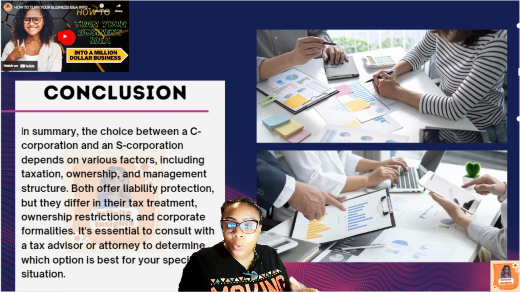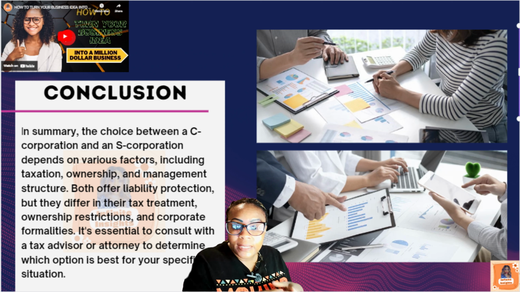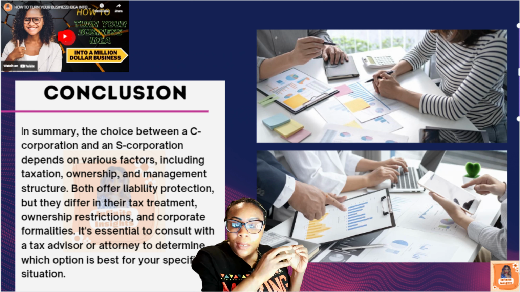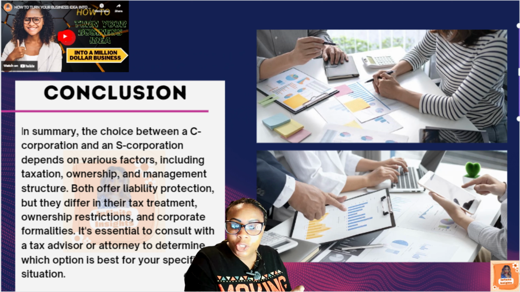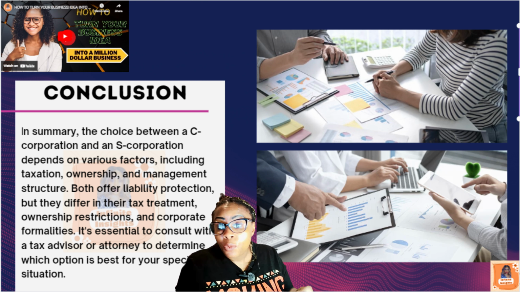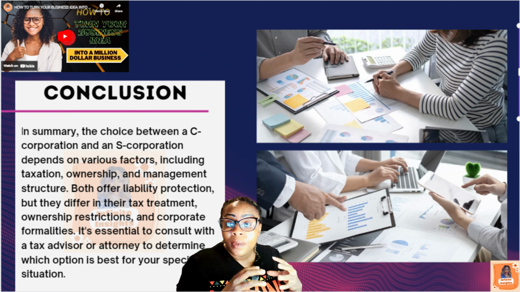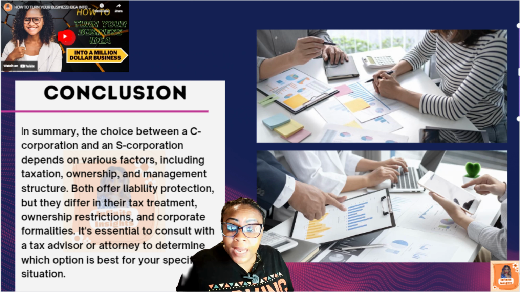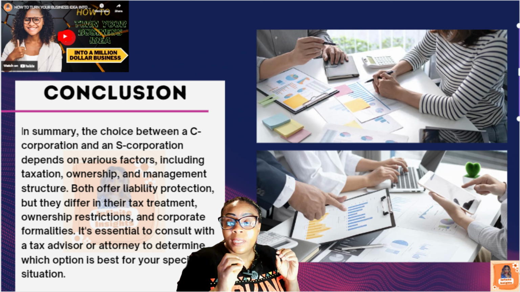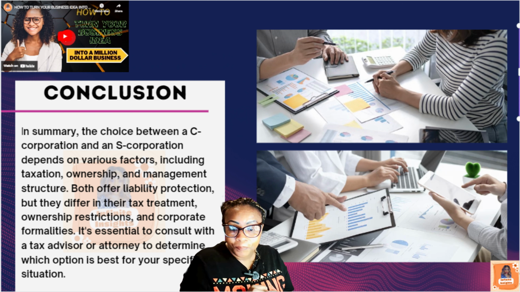We also went through the management, ownership, and taxation of C corporations and S corporations. We have seen they have some similarities and some key differences. We talked about taxation. We talked about ownership restrictions.